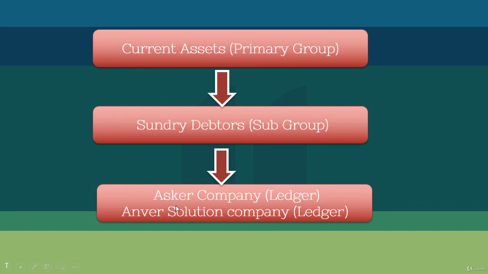So Asker company is one of the debtors, so we have to create its ledger. As well, Anwar Solution company is one of our debtors. We have to create it. That creation is called the ledgers, right? So now we are going to look at what the ledger is and what the subgroup and the primary group are.